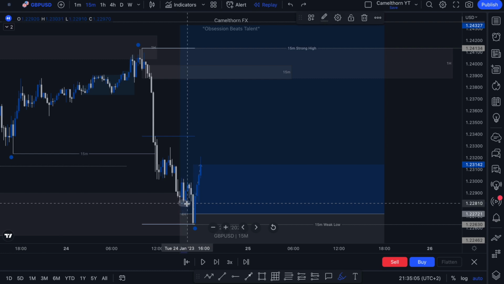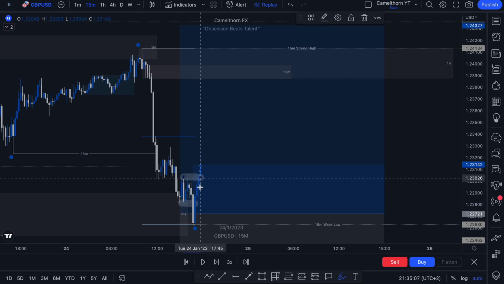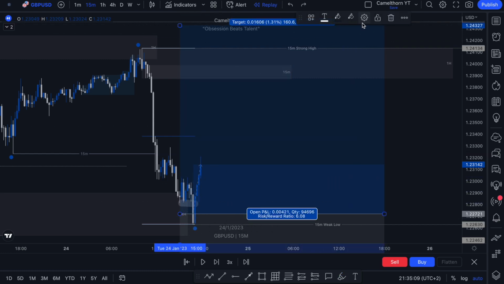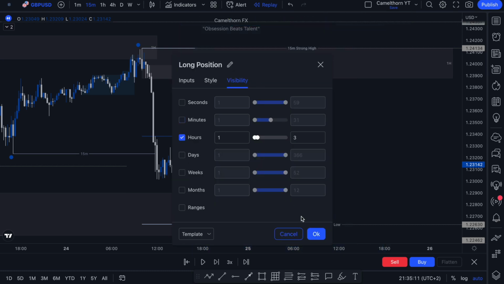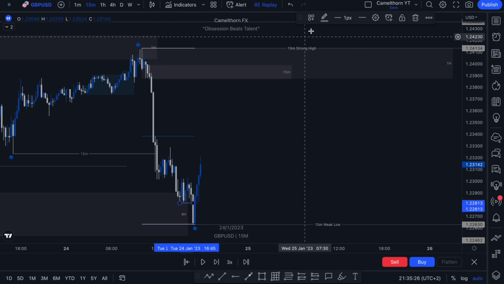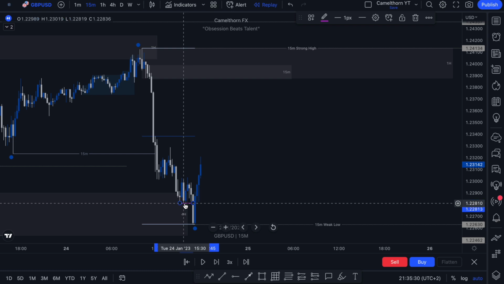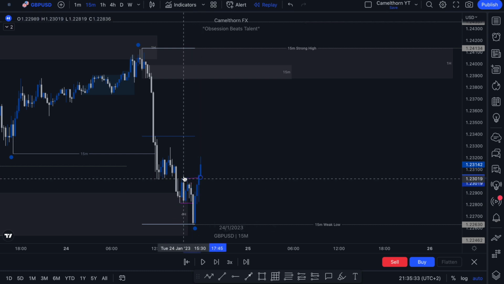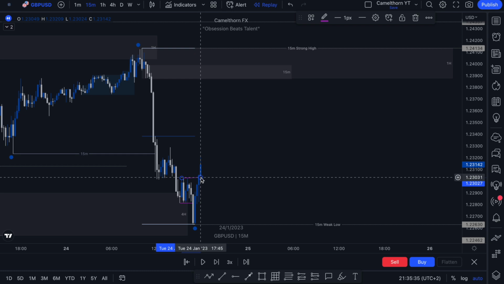What we can see here is a valid 15-minute change of character. If I take this tool and hide it from the minutes chart, we can see that we have this valid change of character that took place within that overall 4-hour demand zone on the 15-minute here.